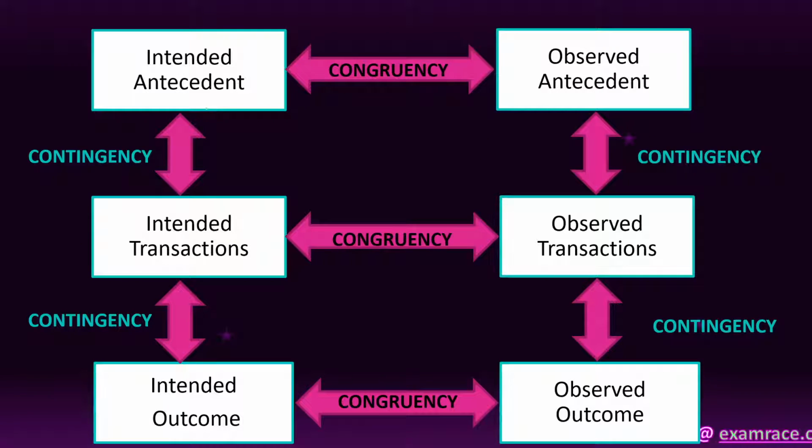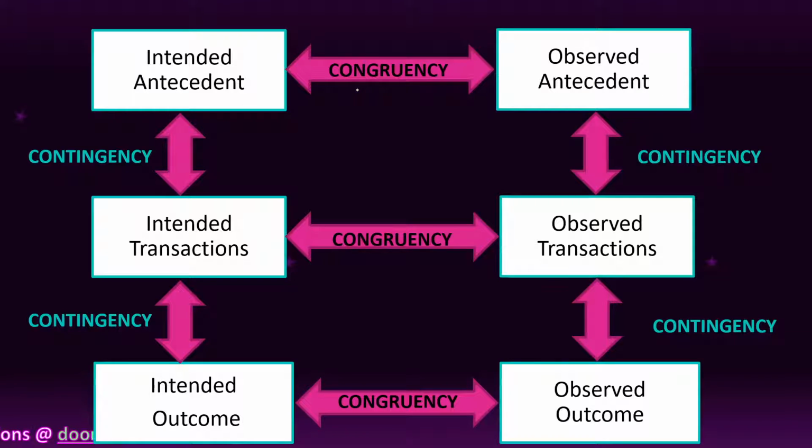It shows intended antecedents and observed antecedents. What is intended? Intended means what you are planning, what you want to achieve: prediction, assumption. Antecedent means prior to learning and teaching. So all the objectives made prior to learning or teaching are antecedents. And observed is what is actually achieved; this is the observed antecedents.